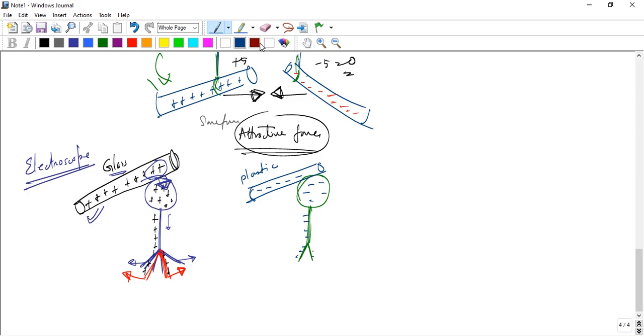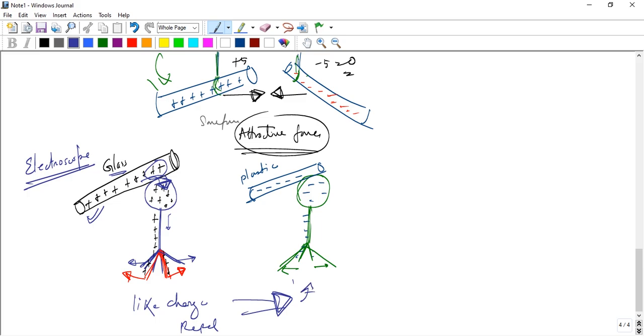Here also there is repulsion. The leaves move away from each other because they are like charges, and like charges repel each other.